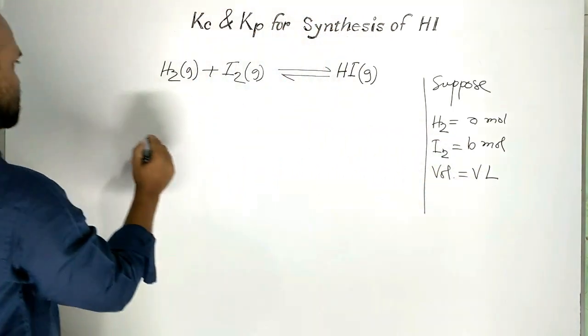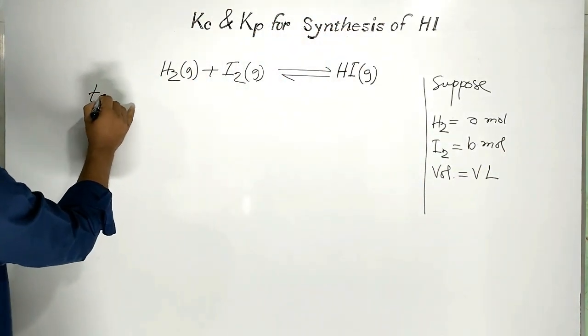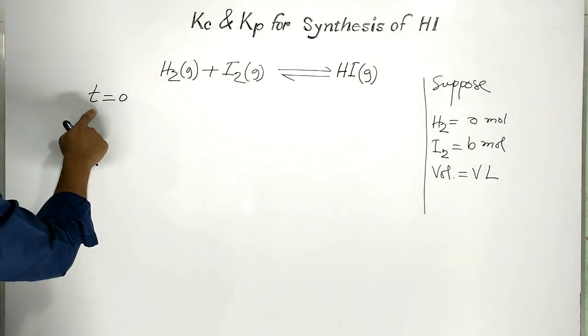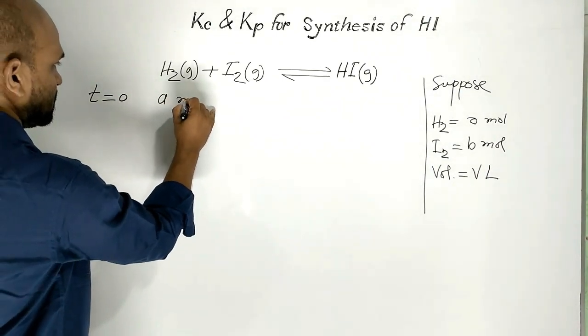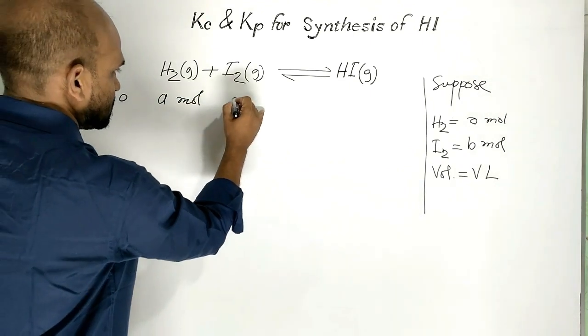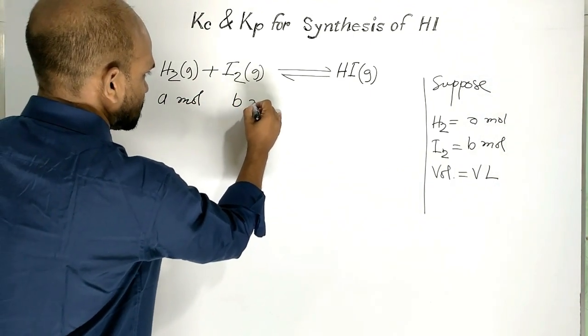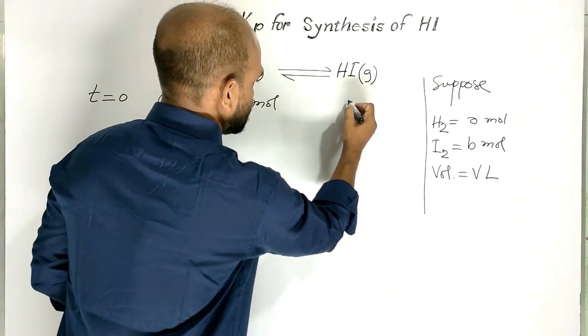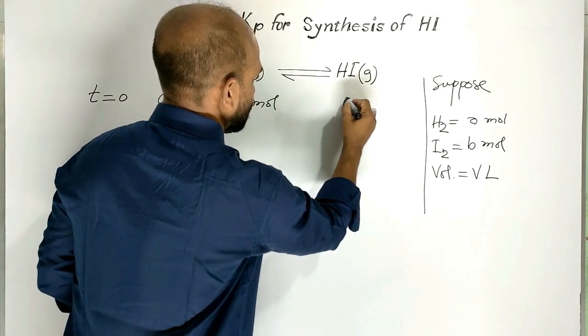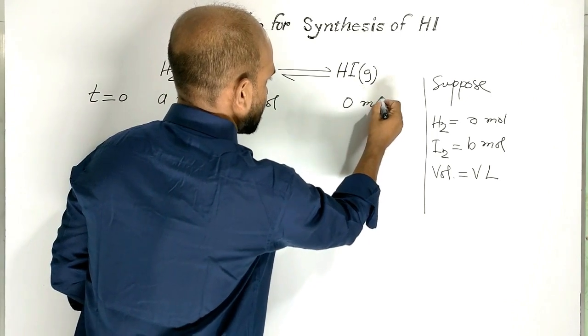That is, at the initial stage, time is 0. Then A mole hydrogen reacts with B mole iodine. At time 0, there is no hydrogen iodide.